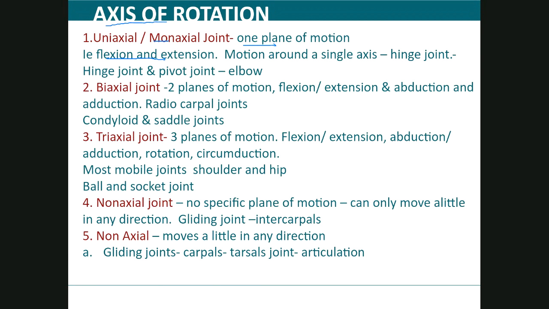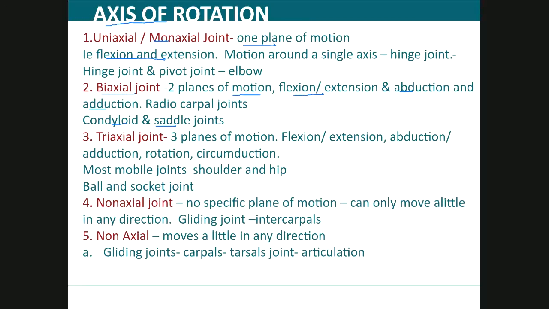Biaxial is movement in two planes. So for example, we could flex and extend the joint and also abduct, bringing it away from the midline, and adduct. We see this at the wrist joint, the radiocarpal joint. And we'll learn that this type of joint is a condyloid or a saddle joint.